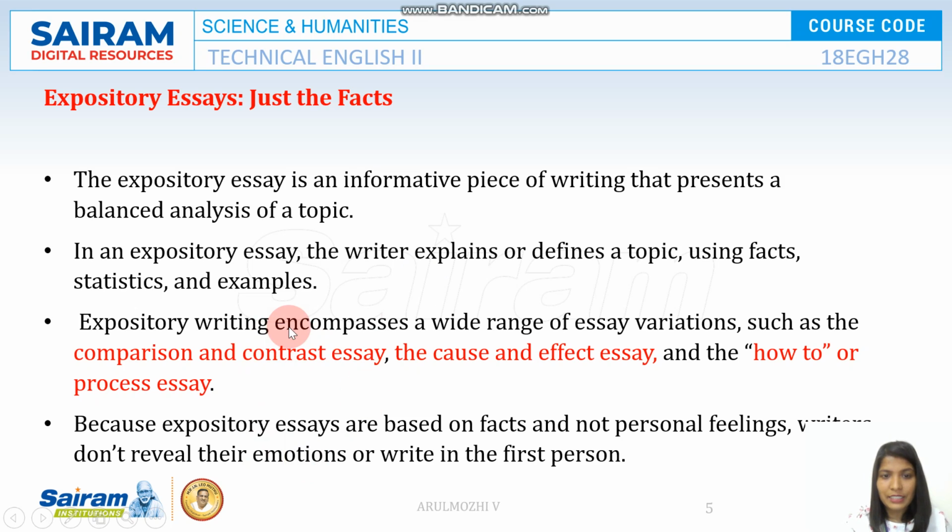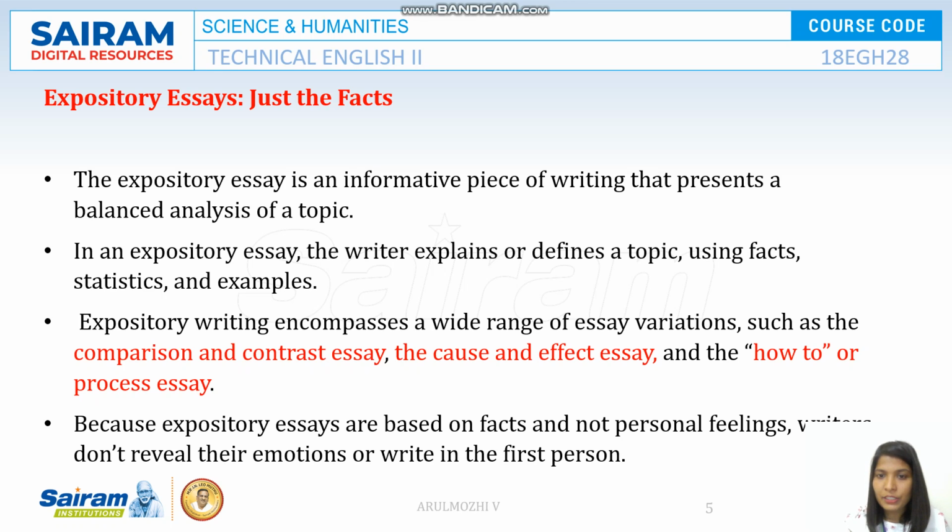An expository essay is always informative and educative, and encompasses a wide range of variations. Okay, in expository essay itself we have a lot of essay types, like comparison and contrast essay. In that we just compare and contrast. And then we have argumentative essays.